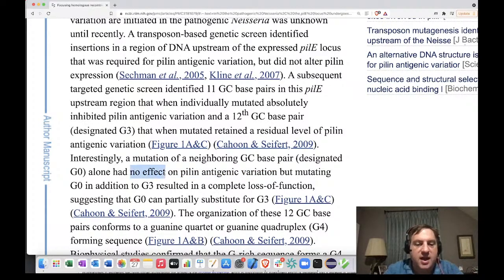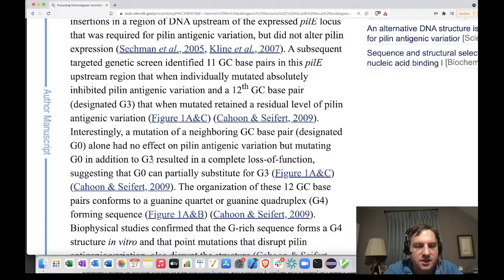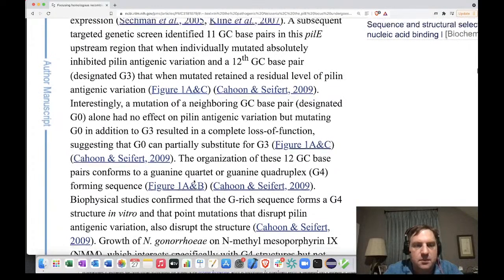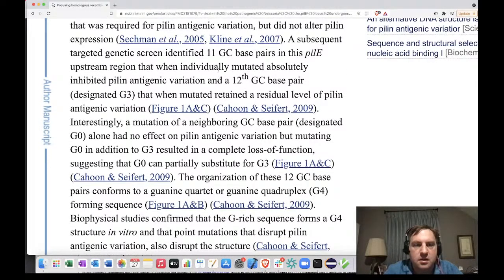So this one says it had no effect, but 11 GC base pairs, when they are individually mutated, absolutely inhibited pilin antigenic variation. So what they mean is that this sequence is super important for it to be able to know that it can mutate here.